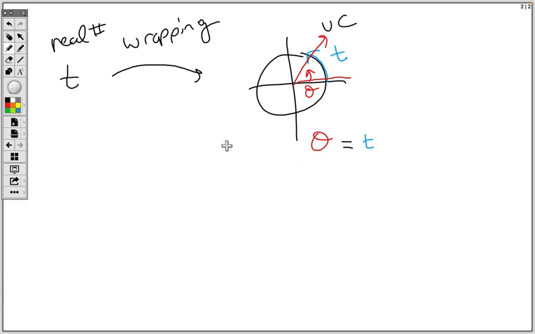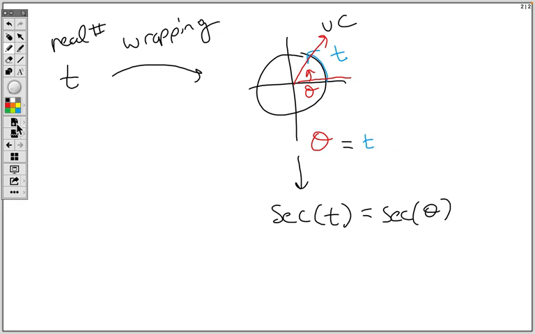And then once we have that, we can define any of these trigonometric functions, any of these circular functions, I should say, as a value of the angle theta. Okay, so there's sort of that composition happening here.